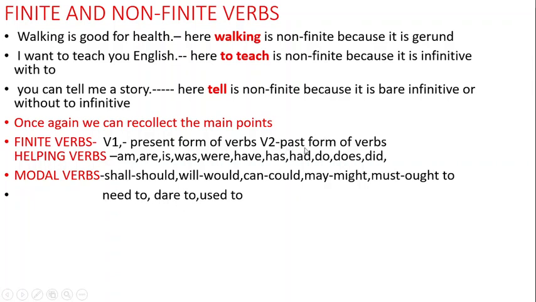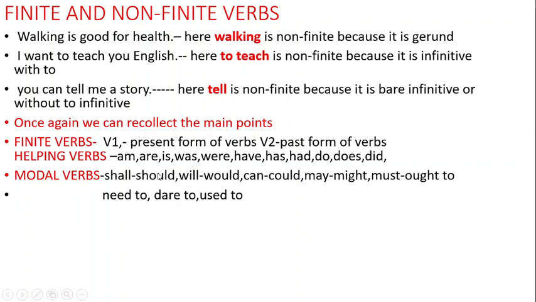They are all finite verbs because they tell past tense. And helping verbs such as am, is, are, was, were, have, has, had, do, does, did, and even been. These are all auxiliaries, helping verbs. Some helping verbs tell present form, some tell past form. So these are all finite.